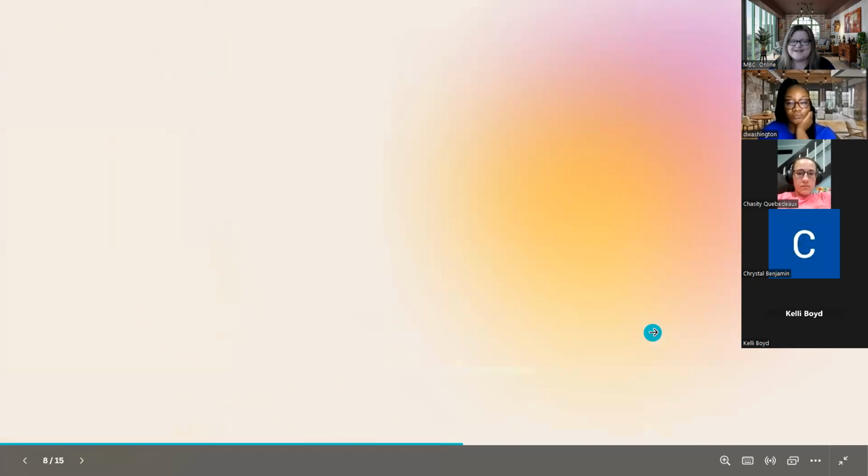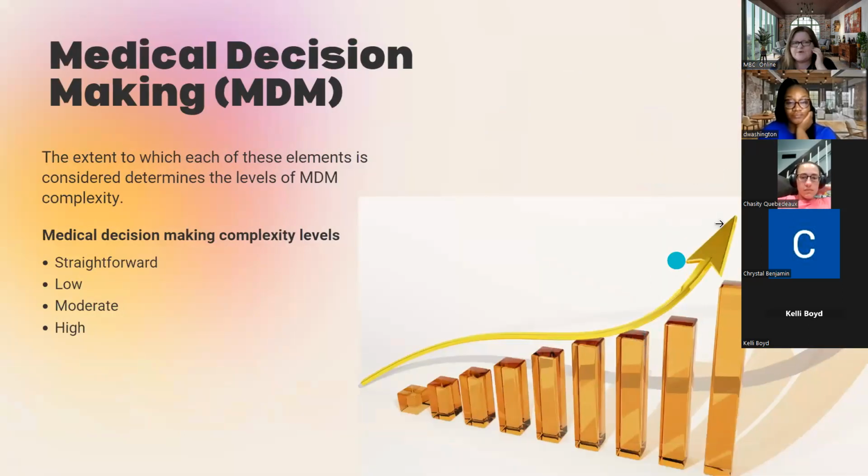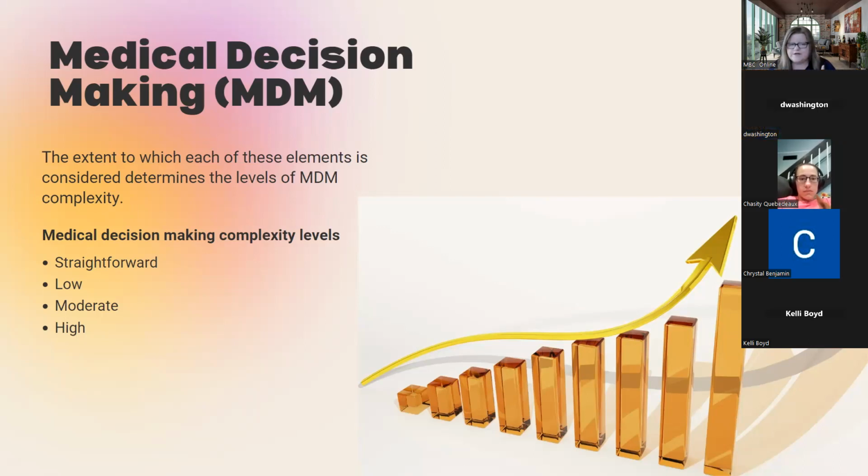I appreciate it. All right, so the extent to which each of these elements is considered determine the levels of MDM complexity. Medical decision-making complexity levels are straightforward, low, moderate, and high. And just to break that down just a little bit, your straightforward is going to be something very simple.